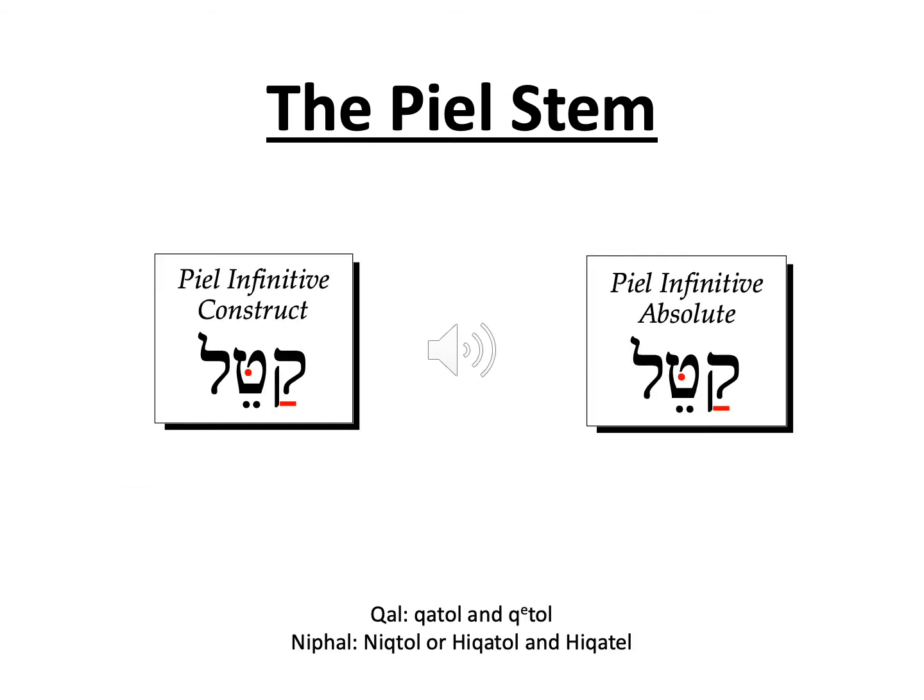The Piel infinitive construct and infinitive absolute are easily recognizable because of the presence of the patach under the first root letter, the dagesh in the second root letter, and a tsere under the second root letter.